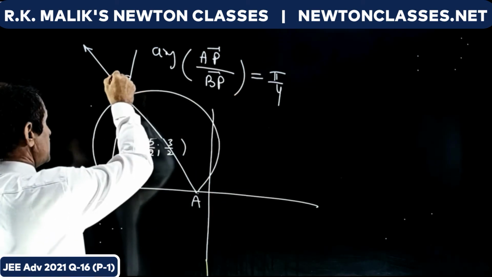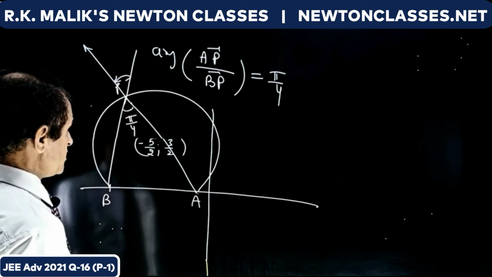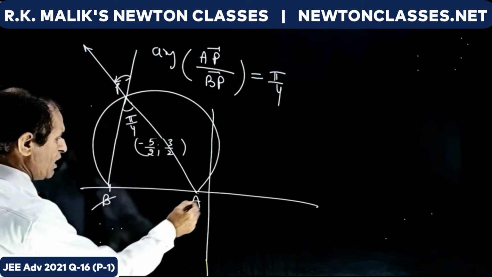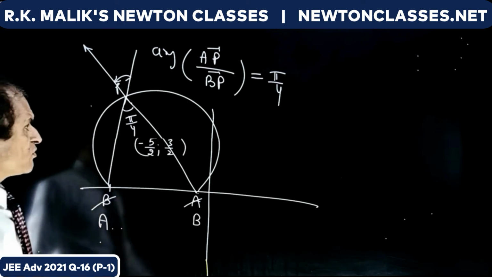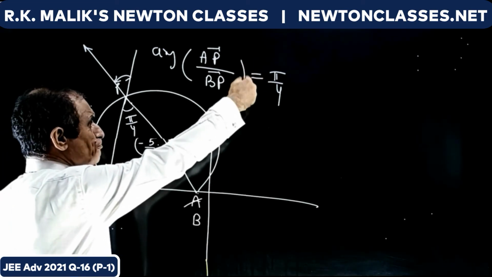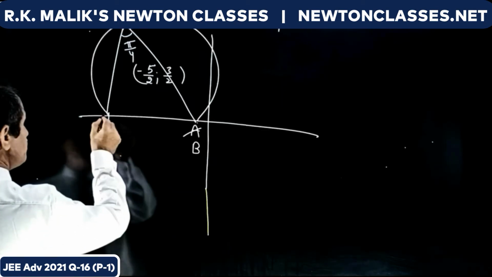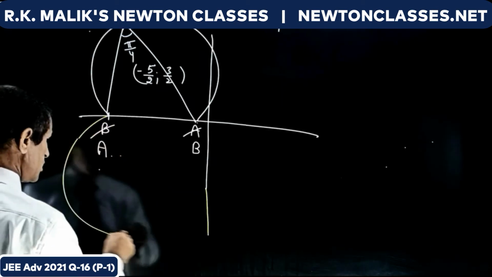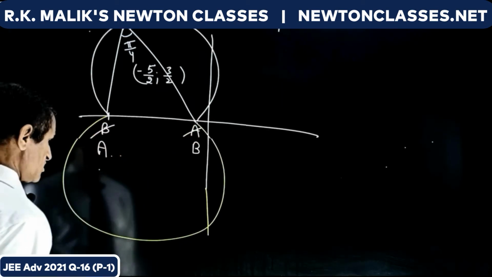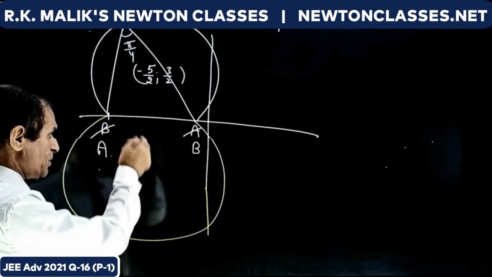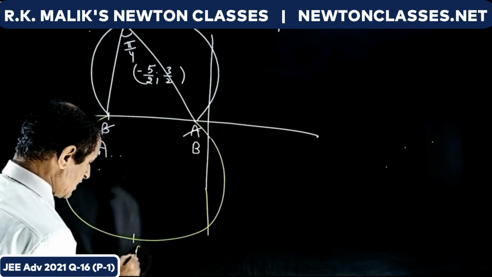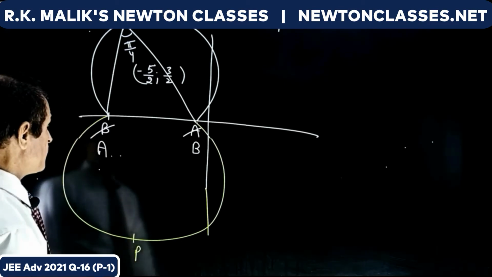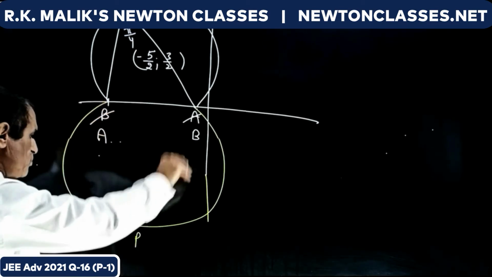This is anti-clockwise direction. But if I take B here and A here, then for the angle to be pi by 4, the point P will have to move on this circle whose center will be below x-axis. Why? If P is here, the angle will be positive for this portion only.